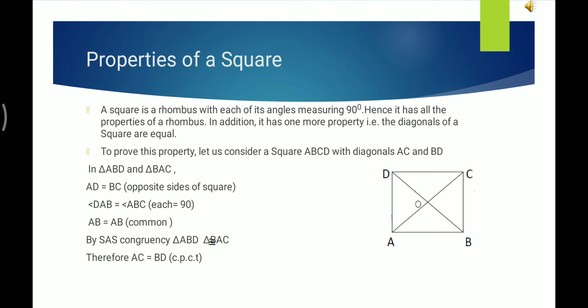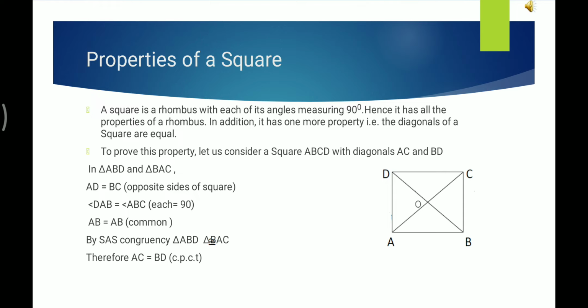Now after focusing on triangle ABD and triangle BAC in the figure, we will find that AD is equal to BC because these are the opposite sides of a square. AD is the side of a triangle ABD and BC is the side of a triangle BAC.